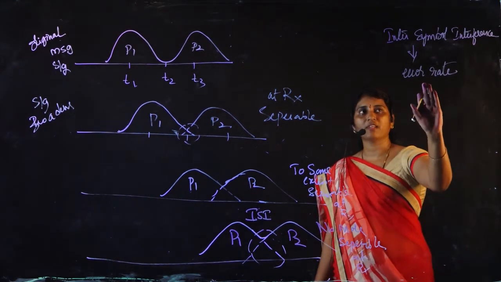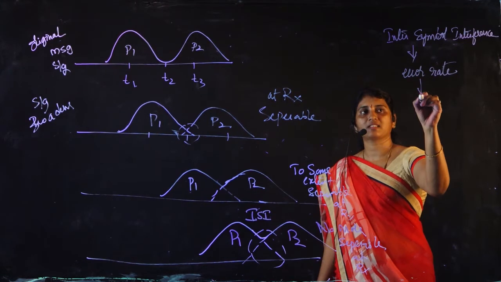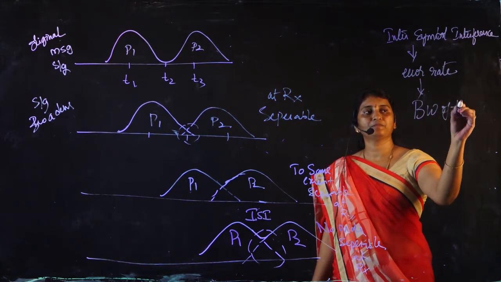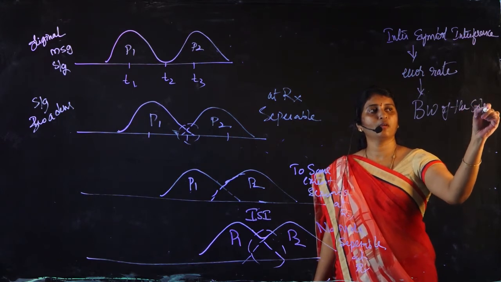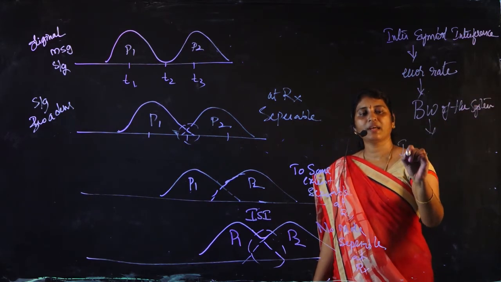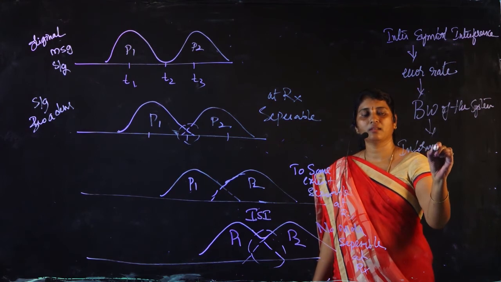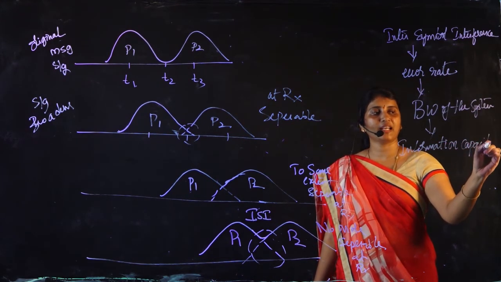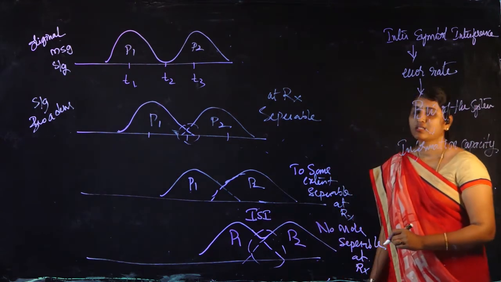What is the after effect of this error rate? How does it affect? The error rate will directly affect the bandwidth of the system or its information carrying capacity.